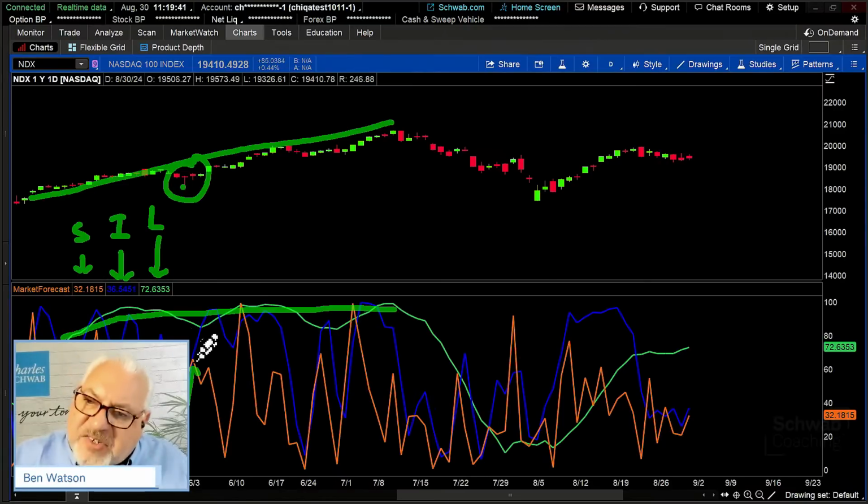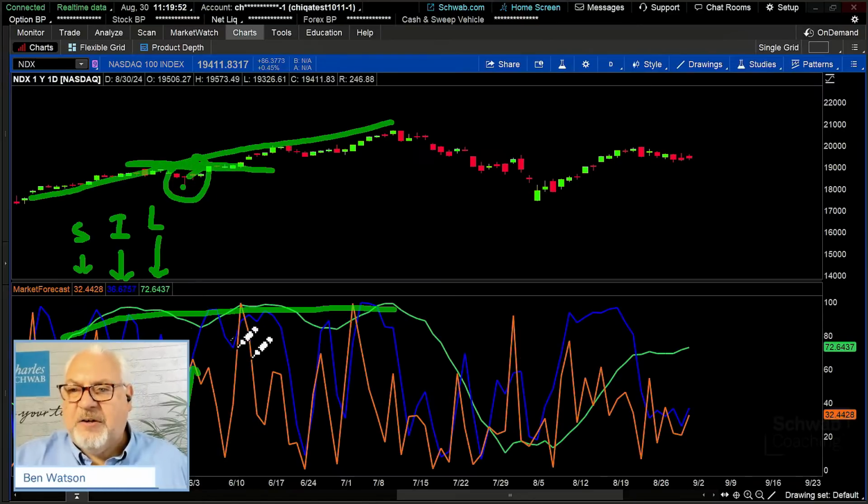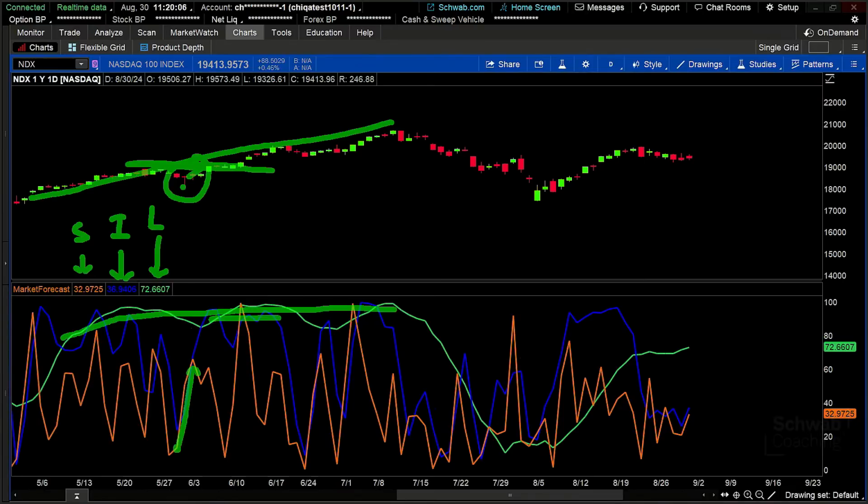Now, that's echoed by that intermediate term line, the blue line, as price comes up to a resistance level and then pauses a little bit. So that intermediate term line, that blue line, followed shortly behind, right? And then kind of runs into a resistance, echoing that resistance, but still moving higher.